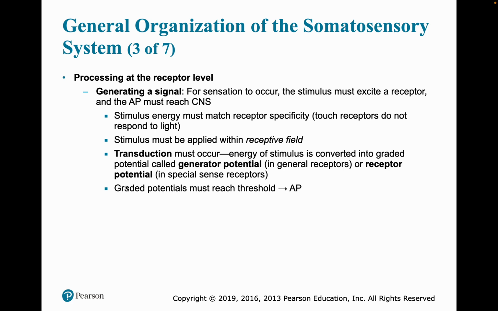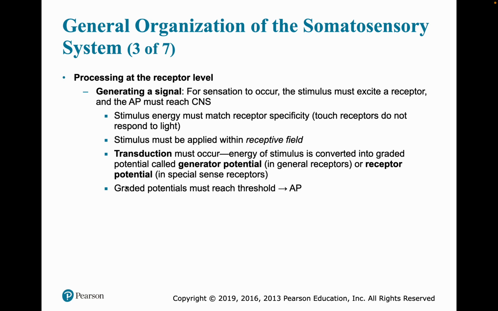So we generate a signal. The first thing that has to happen for any sensation to occur is the stimulus must excite a receptor, and that must create an action potential that reaches the central nervous system. So the stimulus energy has to match the receptor specificity. Touch receptors don't respond to light energy. Light energy doesn't respond to sound.